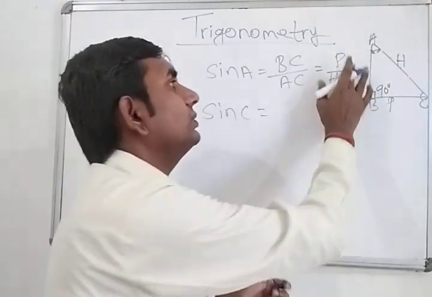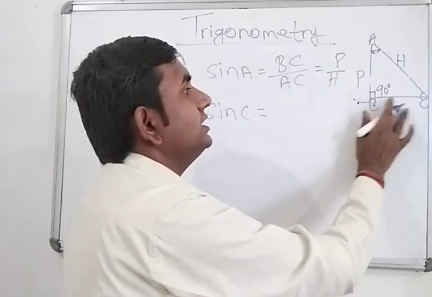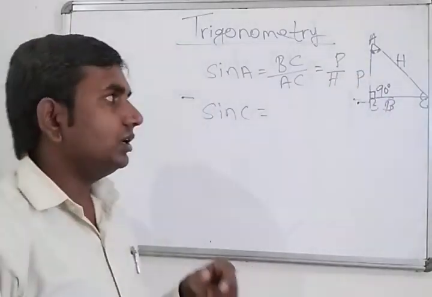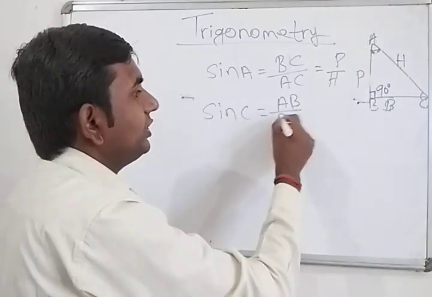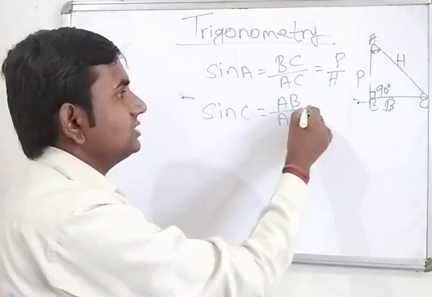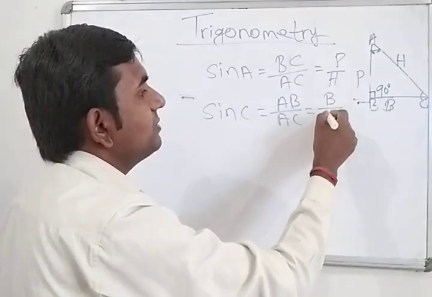So now it becomes AB by AC, and the other is base by hypotenuse, B by H.